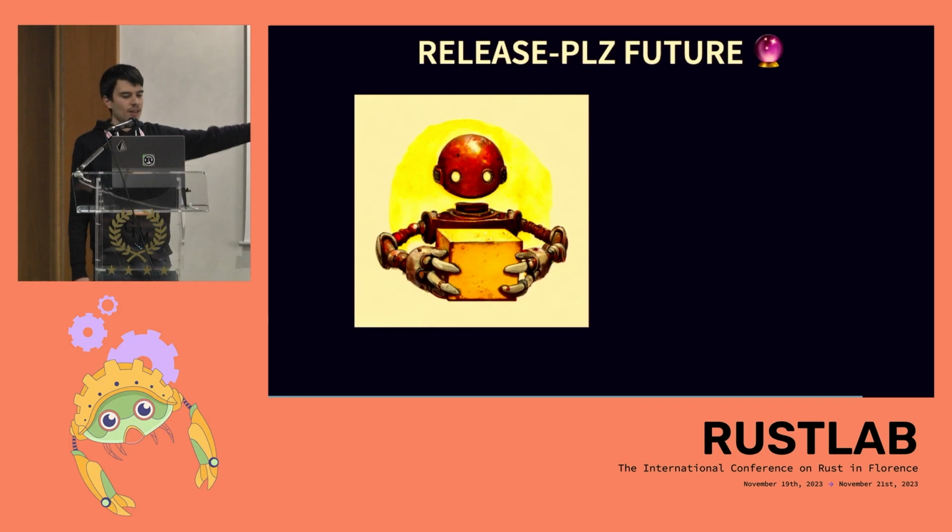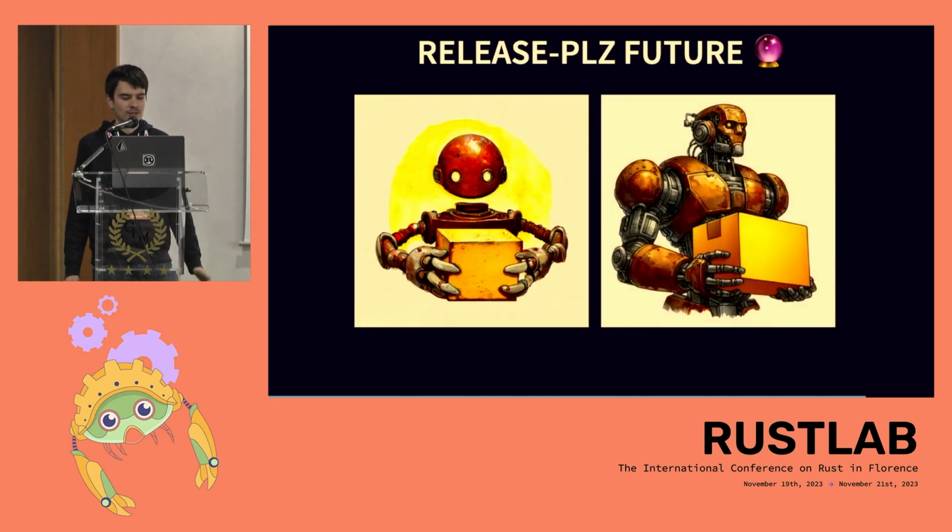So release-plz right now is this small robot that does its things. It does it good, but if you want to help me adding even more features to release-plz, please reach out to me. There are many good first issues.